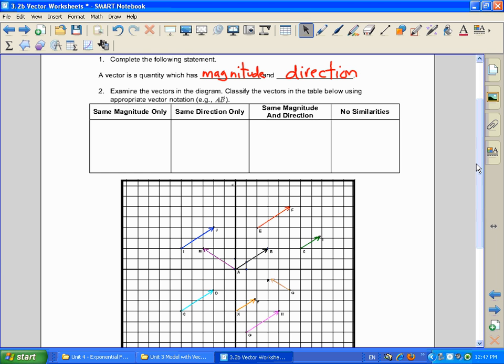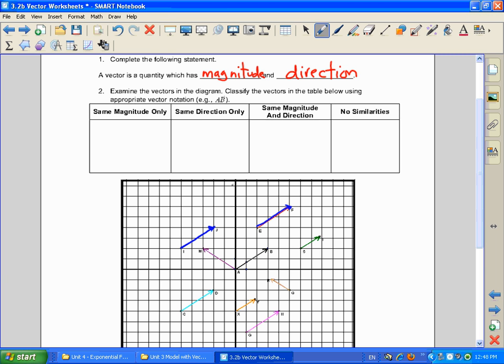Okay. So for example, let's take a look at IJ. IJ, if I look at this one here, folks, has the same magnitude as EF, because you notice the starting point to the end point is to the right 3.